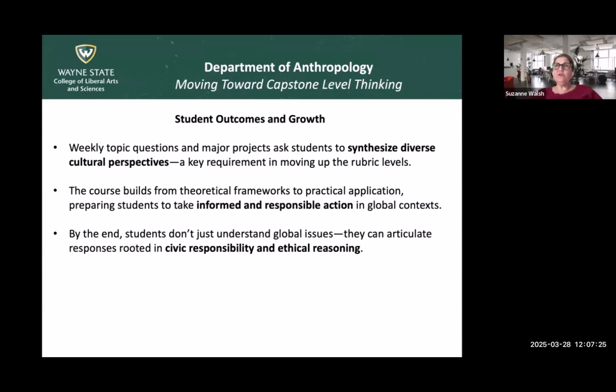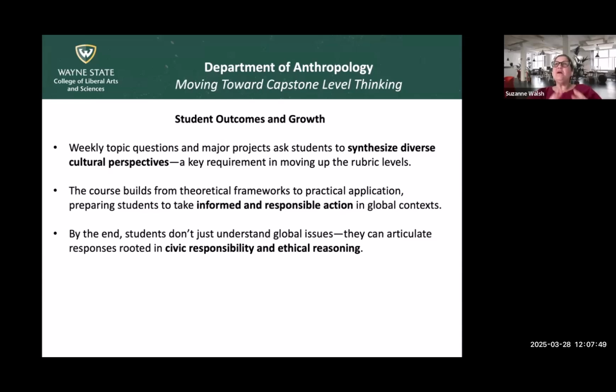We have a lot of students who maybe are first-time immigrants or their family have immigrated here. And I want them to bring all of those thoughts and experiences to the work that they do in the course. So I build on some of the theoretical frameworks and move to a practical application. I don't get too deep into theory.